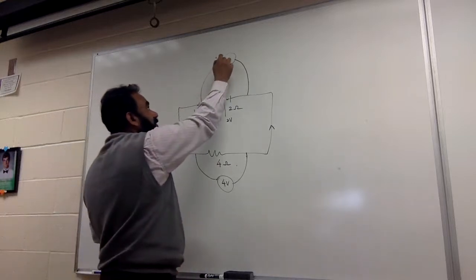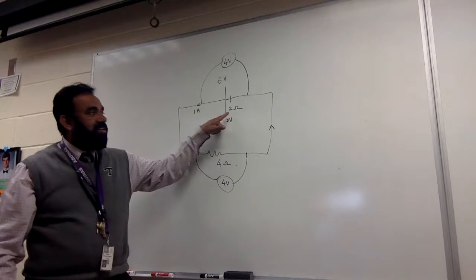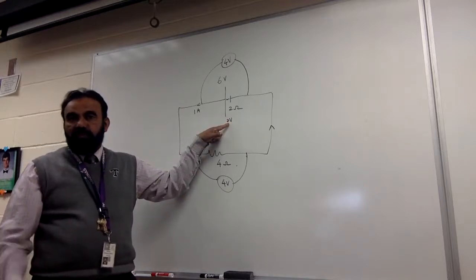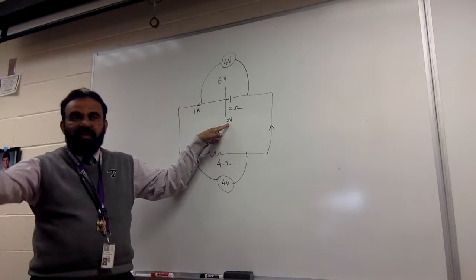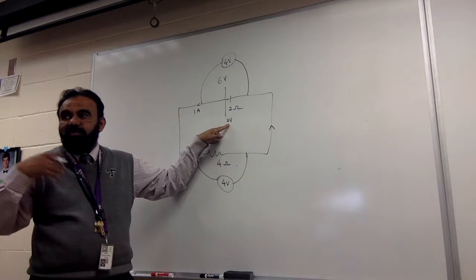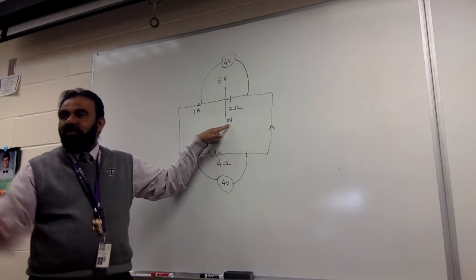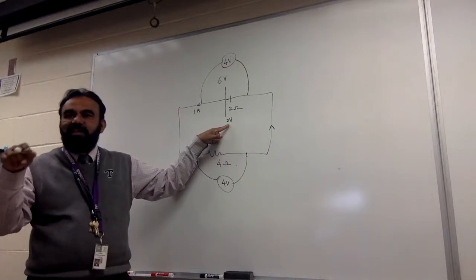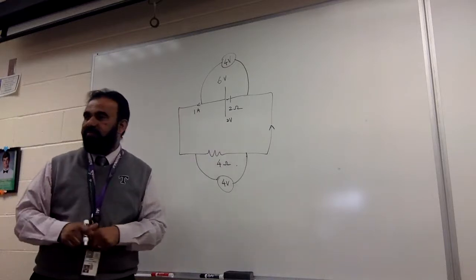It cannot measure the internal drop. That's why I cannot have access to it. So a voltmeter cannot measure the potential difference that is happening inside the cell.